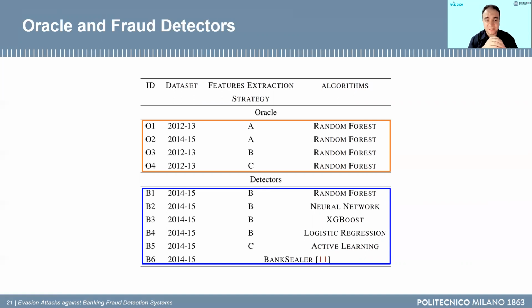For fraud detectors, instead, we tried to use the most common solutions in the state of the art. Therefore, we use a random forest detector, a neural network-based detector, extreme gradient boosting detectors, detectors based on logistic regression, and also detectors based on active learning, which basically combine unsupervised methods such as autoencoder and random forest, and Bayesian, which is an ensemble method that combines statistical techniques, machine learning techniques based on clustering, and pressure-based techniques to provide an anomaly score.